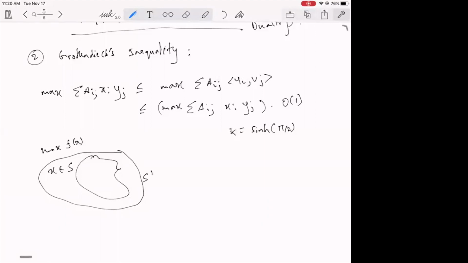One way in which one can prove this is by exhibiting a rounding map.